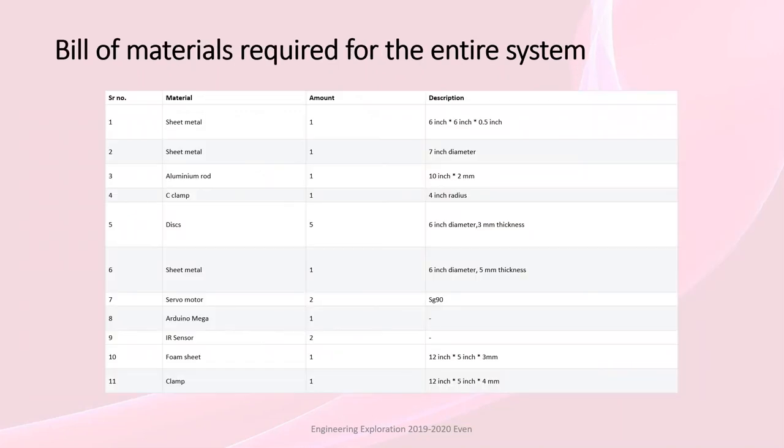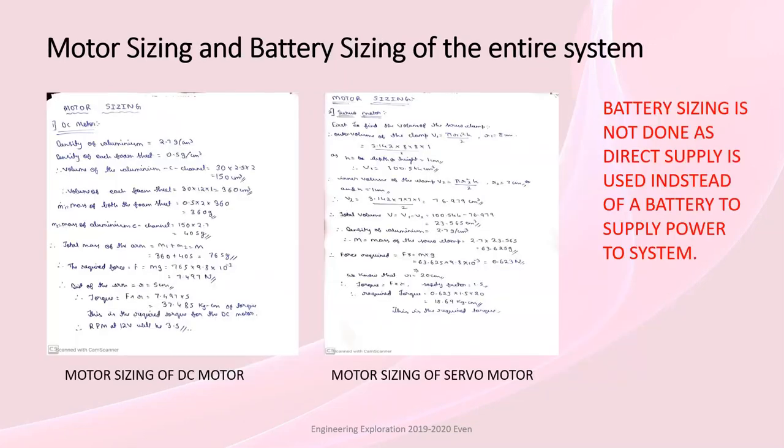As you can see, we used two different types of sheet metals of two different dimensions, one aluminum rod, one C clamp, 5 discs made of foam sheet, another metal sheet of different dimension, 2 servo motors, one Arduino Mega, 2 IR sensors, one foam sheet, and one clamp. This is the motor sizing and the gear sizing of our two motors, that are the DC motor and servo motor.